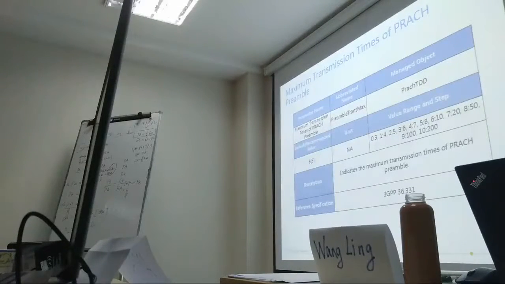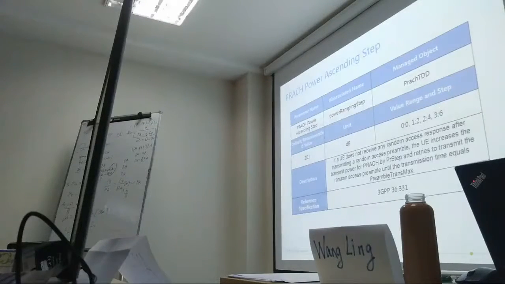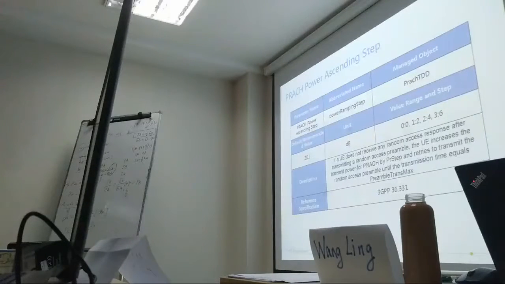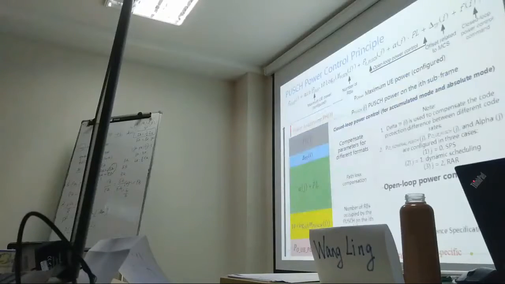If the UE transmits the preamble and it fails, it will retransmit, and how many times it will is according to this parameter. Every time for retransmit, it will add some power. So this ramping step, usually we will set 2 dB. This ramping step times the retransmission times, add the path loss, add the initial power, we get the final power to transmit. That is for PRACH.